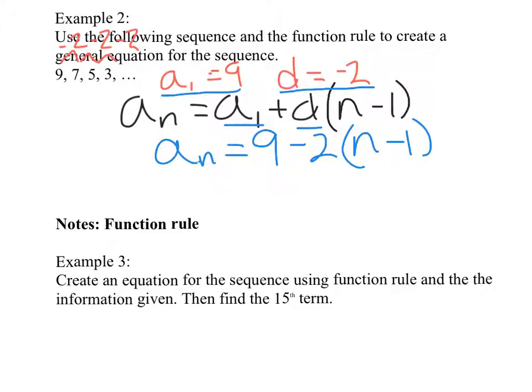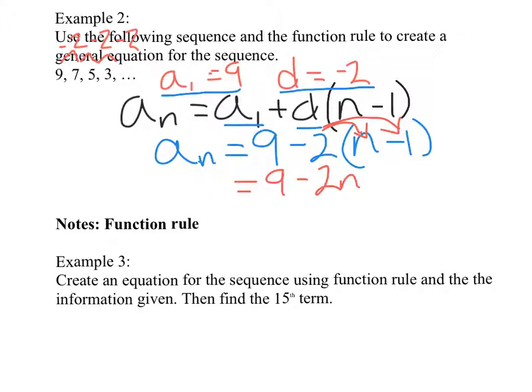And then we distribute this negative 2. Don't forget to bring that negative. So we have 9, because we haven't done anything with the 9 yet, minus 2n, since negative 2 times n is negative 2n.